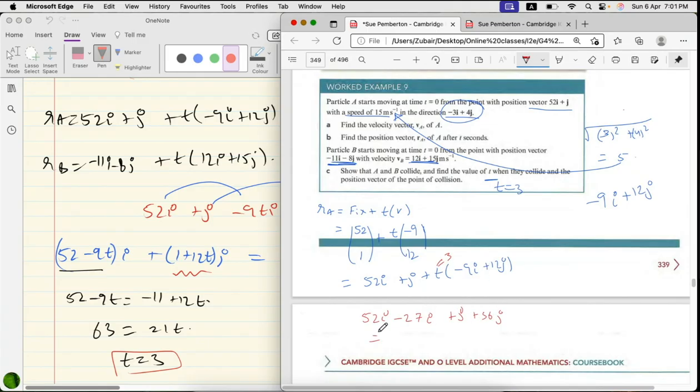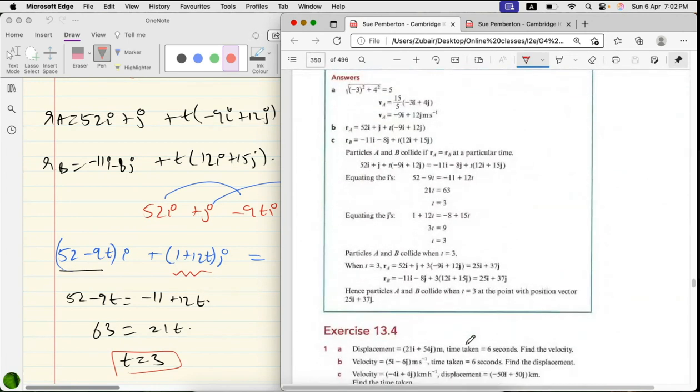So this is 52 minus 27, which is 25i, and 37j. I just hope after all this we get the same answer, 25 and 37. And that's correct, 25 and 37, and time is 3.